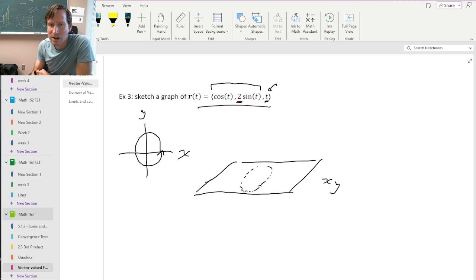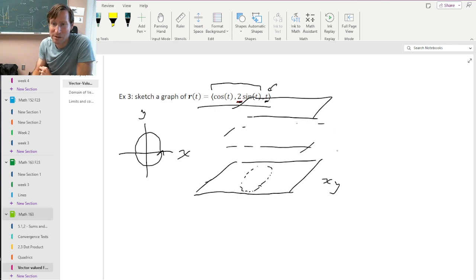So we're going to go around this ellipse, but as time goes on, we're going to move upwards, right? So after a little while, we'll be up here on a higher plane, and then on a higher plane still. So we need to go around this ellipse while moving up in the z direction. And so that's going to give us this kind of shape.